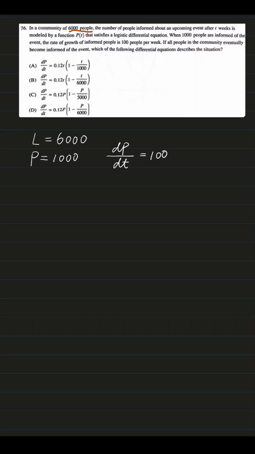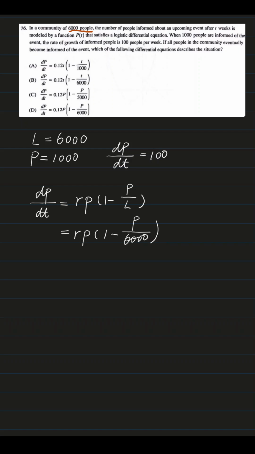These are written in the standard percentage form, where dP/dt equals the first growth item and then the next brake item. Since we already established that our carrying capacity L is 6,000, we plug it back in, and the denominator inside of the parentheses must be 6,000.